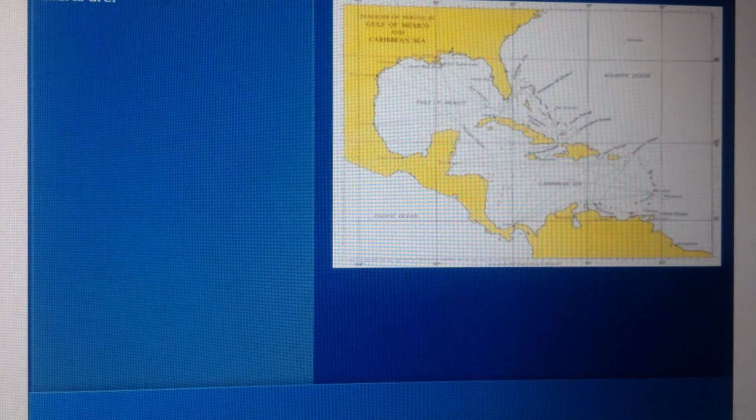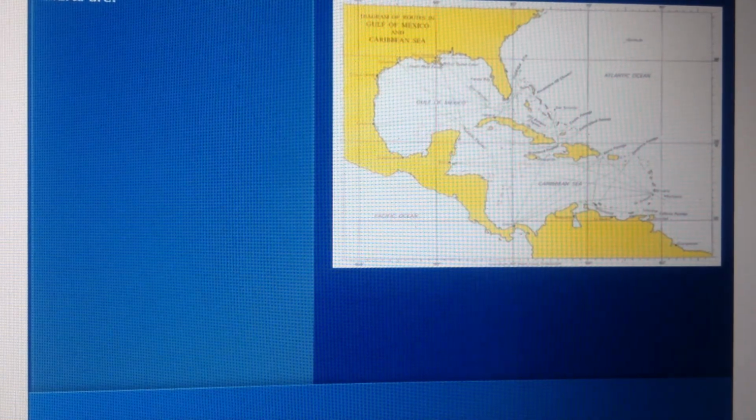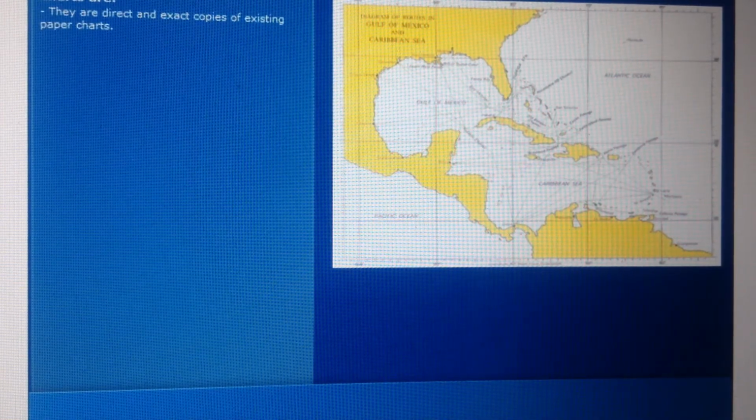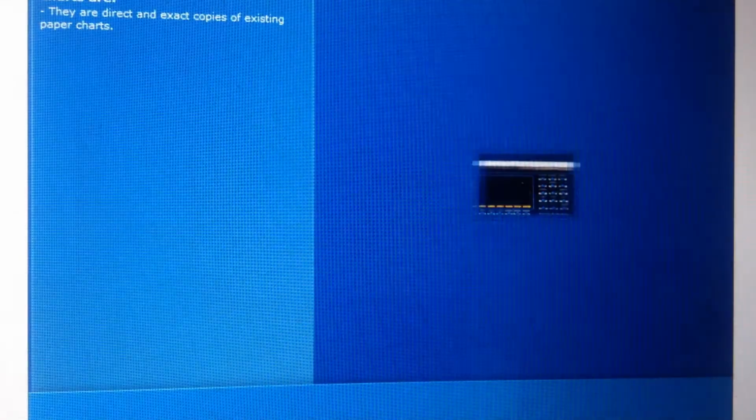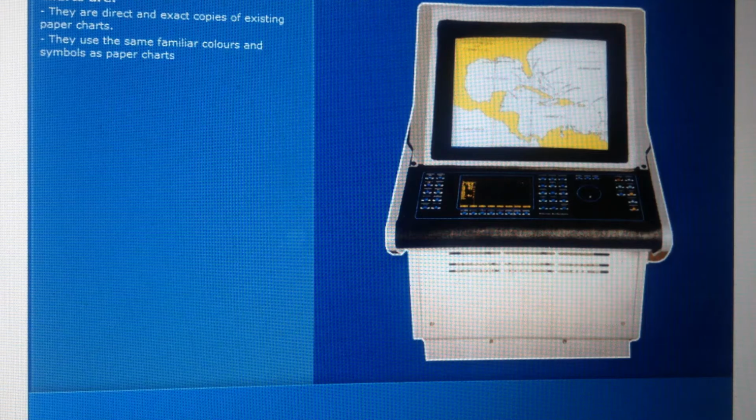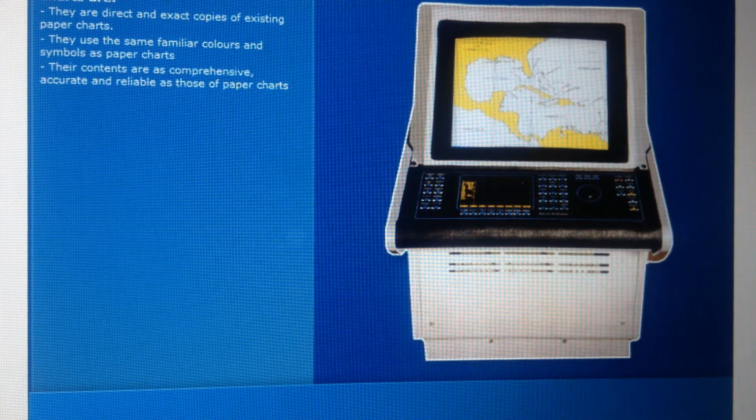The main advantages of raster charts are: they are direct and exact copies of existing paper charts. They use the same familiar colours and symbols as paper charts. Their contents are as comprehensive, accurate and reliable as those of paper charts.